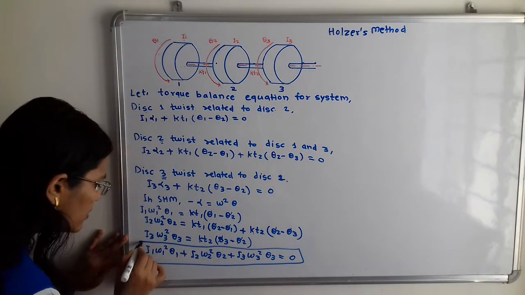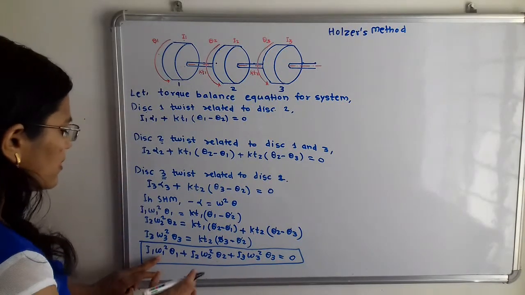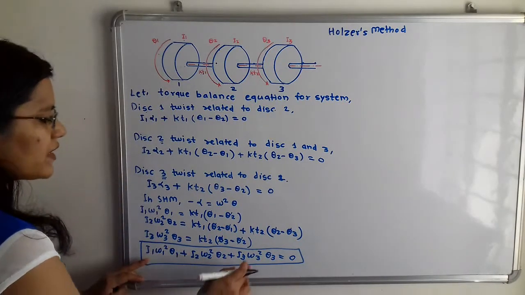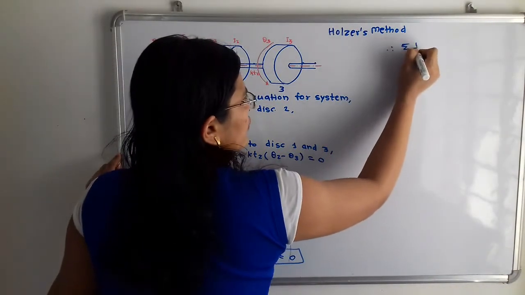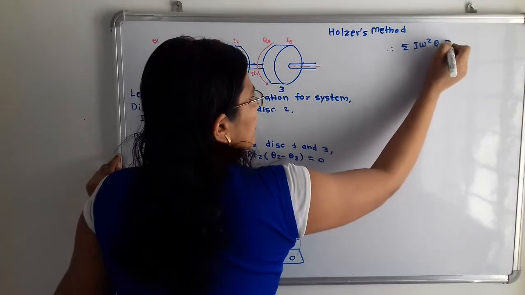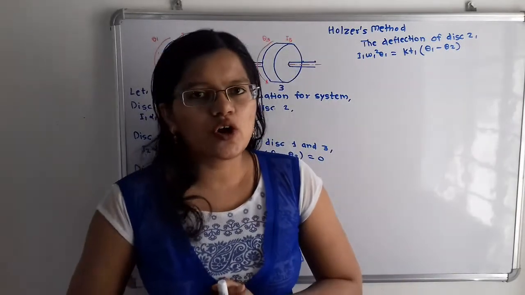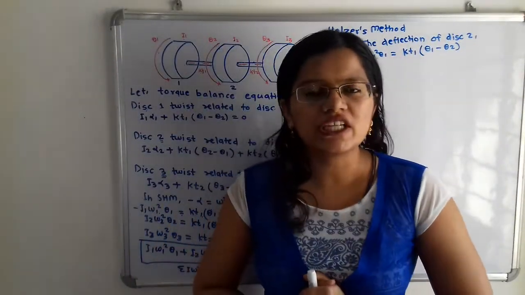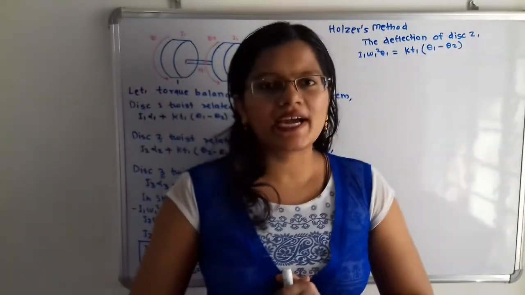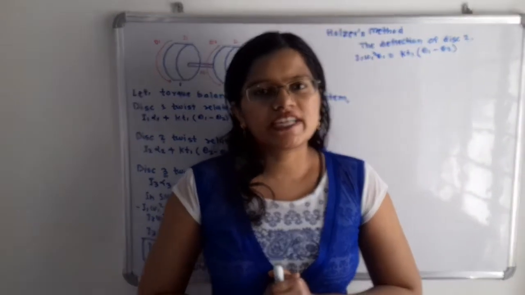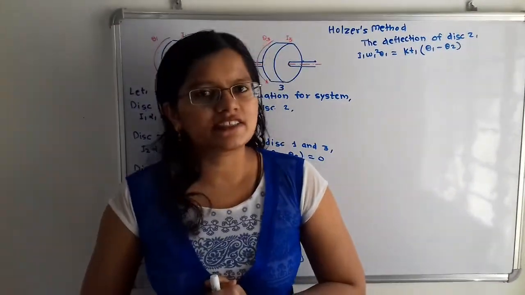That means for these three disks, this is the equation, that is, summation of I omega square theta is equal to 0. Now when we use Holzer's method for the solution, it is proposed that we assume any value for omega, and we make theta, the angular displacement, equal to 1, that is, unity.